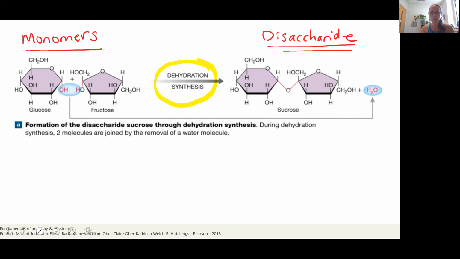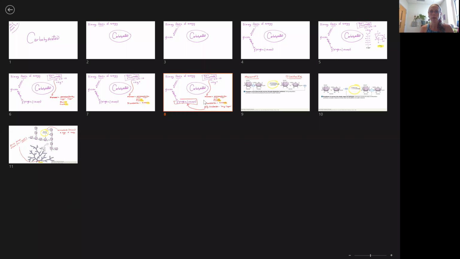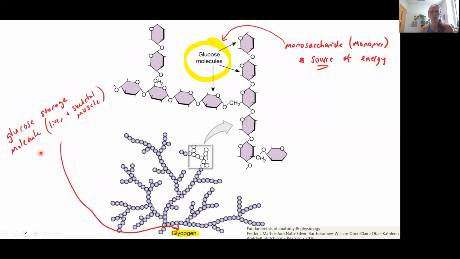Going back to this slide here, so we've mentioned monosaccharides as our monomer. We've said you can link them together to create a disaccharide. When we talk about glycogen, it is actually what's called a polysaccharide, where poly means many. So that's lots and lots of sugar molecules, simple sugar molecules attached to each other. We can take a look at our glycogen molecule here.